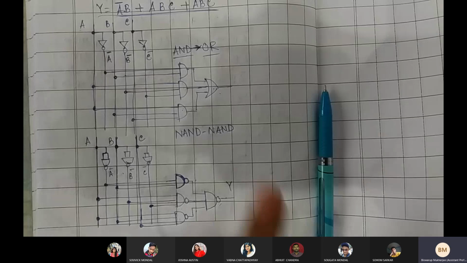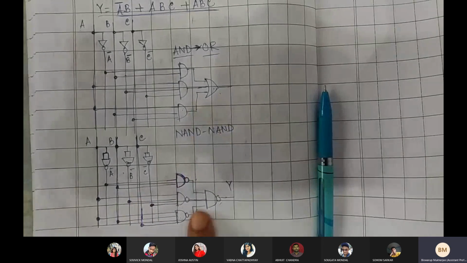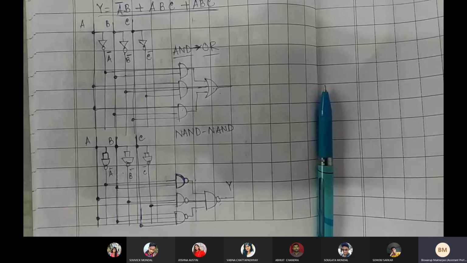So that is why this will consume at least a little bit more power compared to this one. And it is also very simple, because all the gates are directly replaced by NAND gates, the universal gates. So that is the main reason for which we keep the canonical form in case of minimization of circuit. Am I clear on this one?